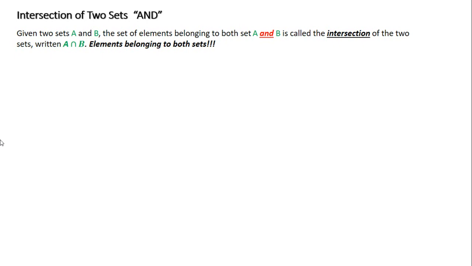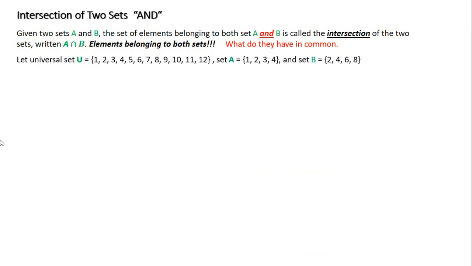The way we write intersection, instead of the big U, we flip it, because U means the union, it's everything, but the opposite, that means intersection, like an upside down U. We read that as elements belonging to both sets, A intersection B. So again, it is what they have in common.